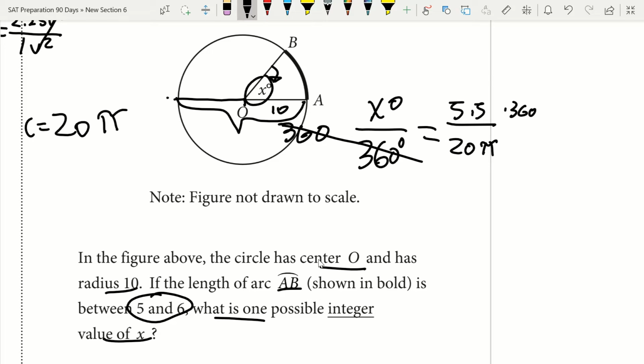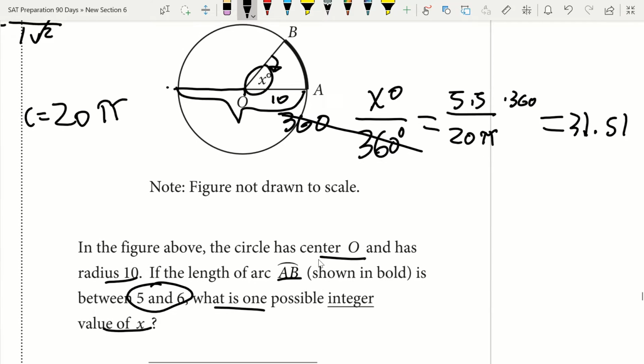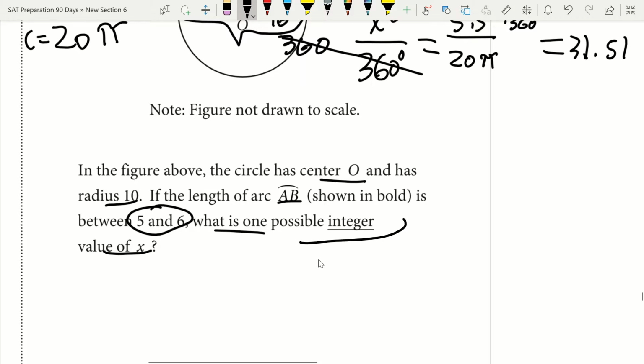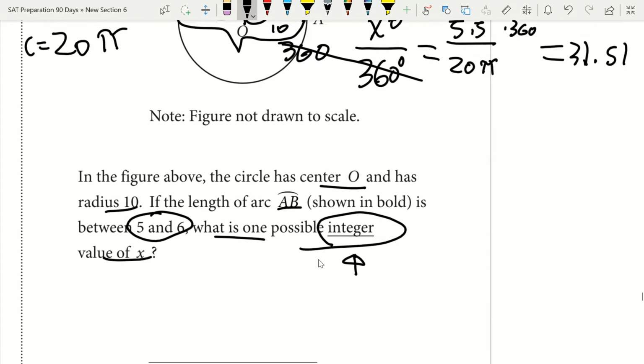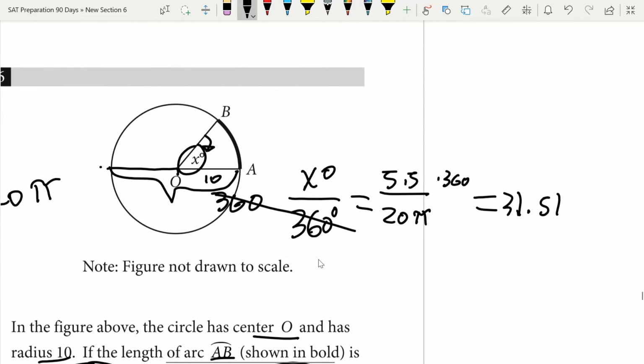And we see that that's going to give us 31.51. Now we're asked for an integer, so we can't answer with a decimal. Keep that in mind. We're asked for an integer for the value of x. So I'm just going to go to the nearest integer, which is going to be 32.